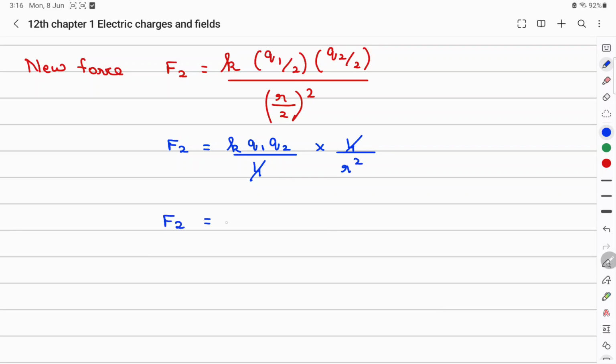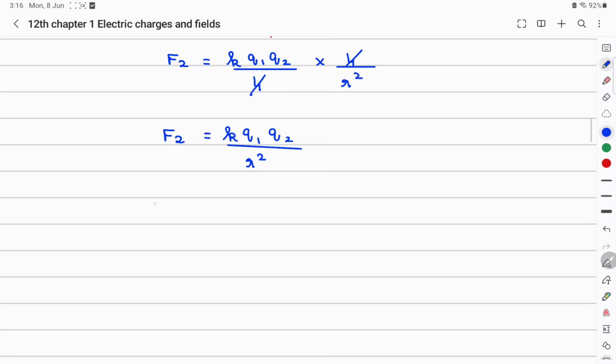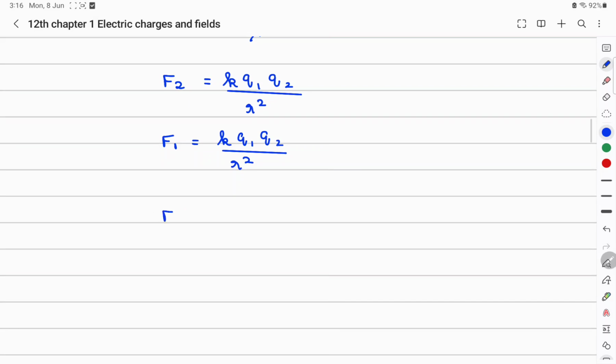So F2 is equal to K q1 q2 by r square. Initially we noted that F1 is equal to K q1 q2 by r square. So since both are equal, F1 is equal to F2.